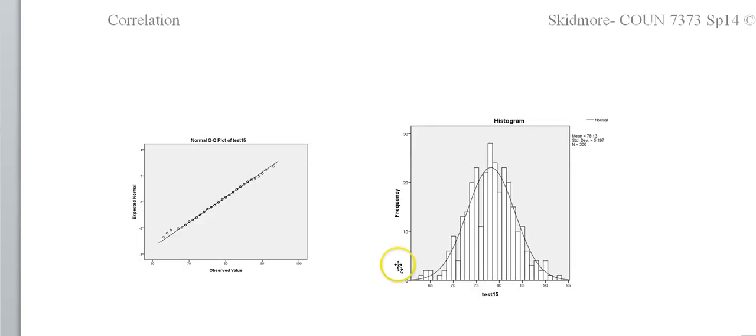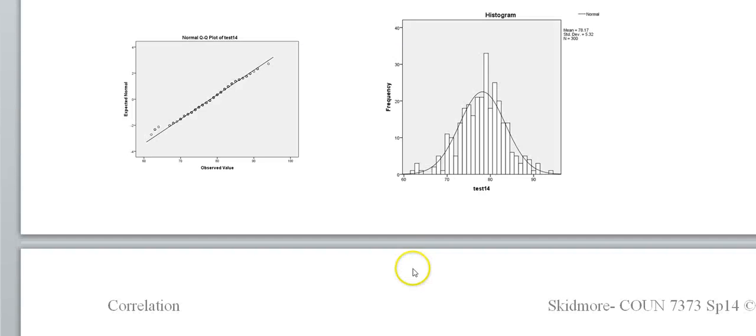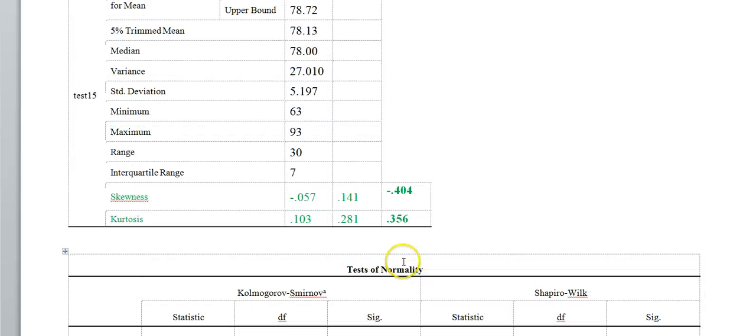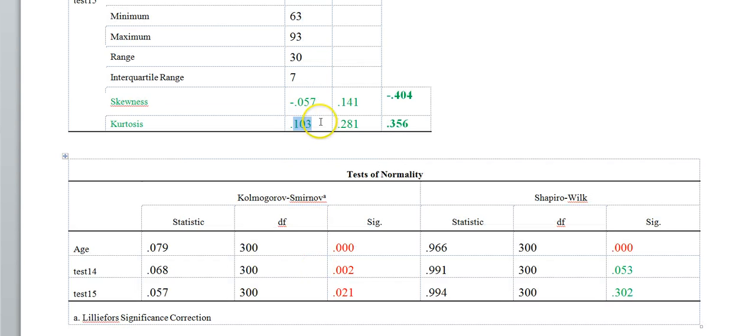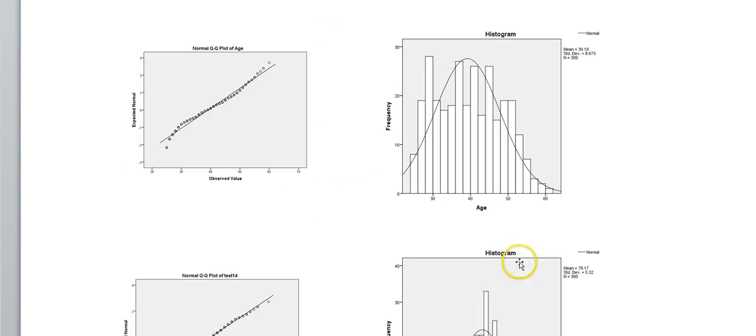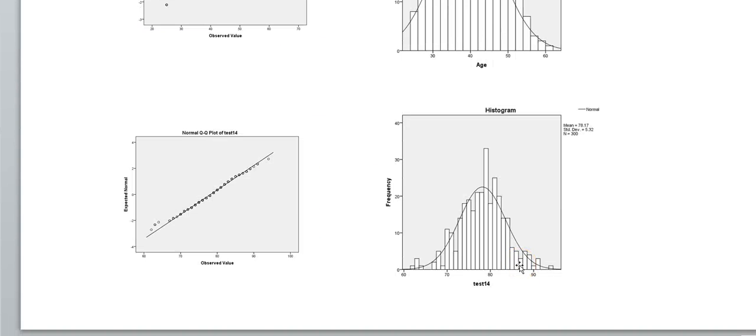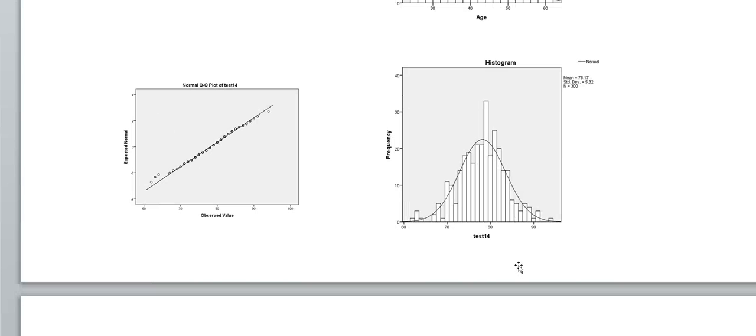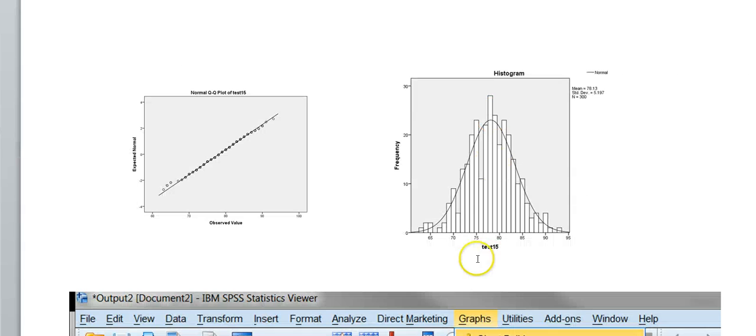And so same thing over here with test 15. If we go back to the descriptives for test 15, we also see it's a little peaked. Slight negative skew, slight negative skew for test 14 also. And so we should be able to see that in the figure. And you can see here that test 15 looks okay in terms of normal distribution.